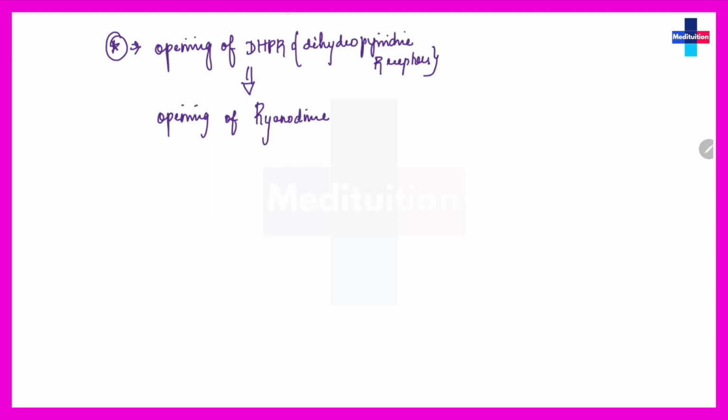We have already discussed in cell physiology what these receptors are and their importance. Our sarcoplasmic reticulum is very important for these receptors and their functioning. Further opening of the ryanodine receptors gives calcium efflux from the sarcoplasmic reticulum.